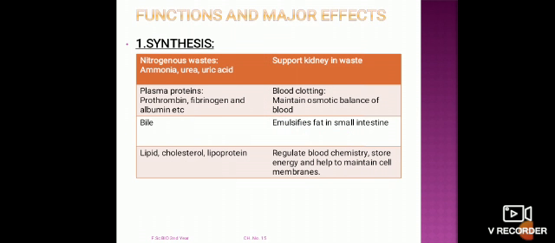Synthesis. Some of the major effects take place here. In synthesis, nitrogenous waste is formed, that is ammonia, urea, and uric acid, which support the kidney in the removal of metabolic waste.